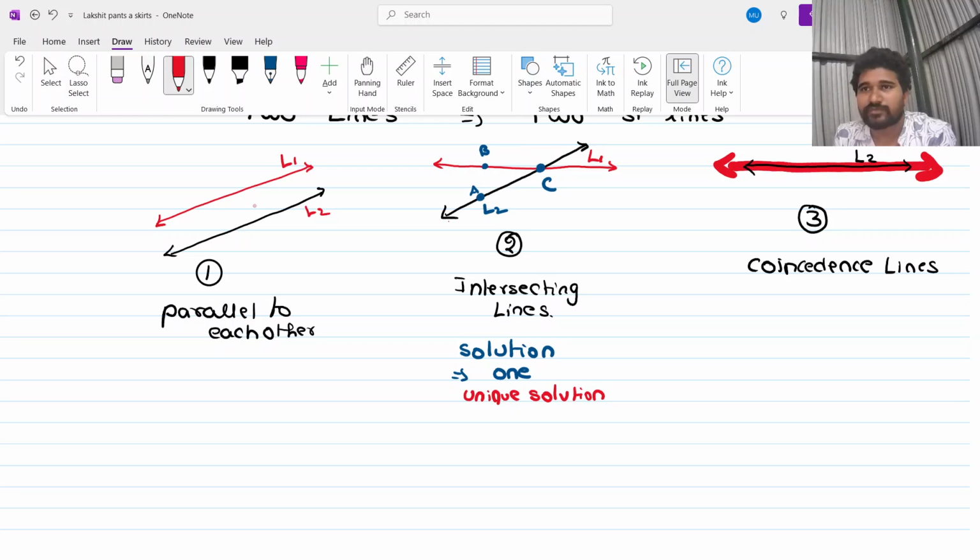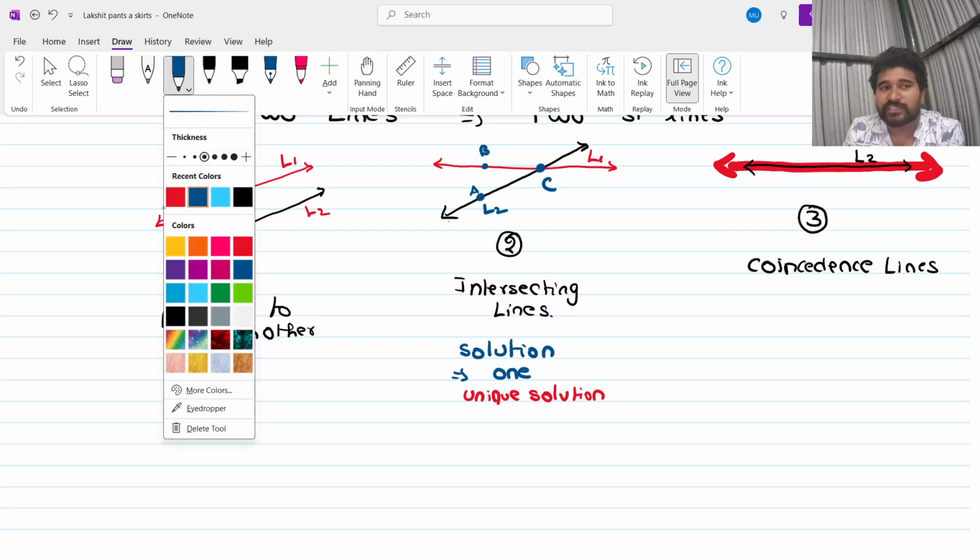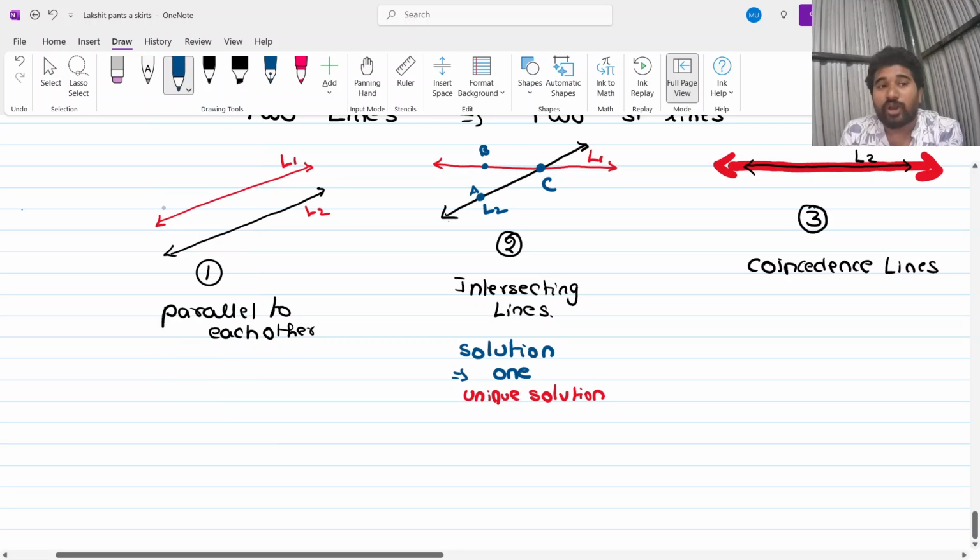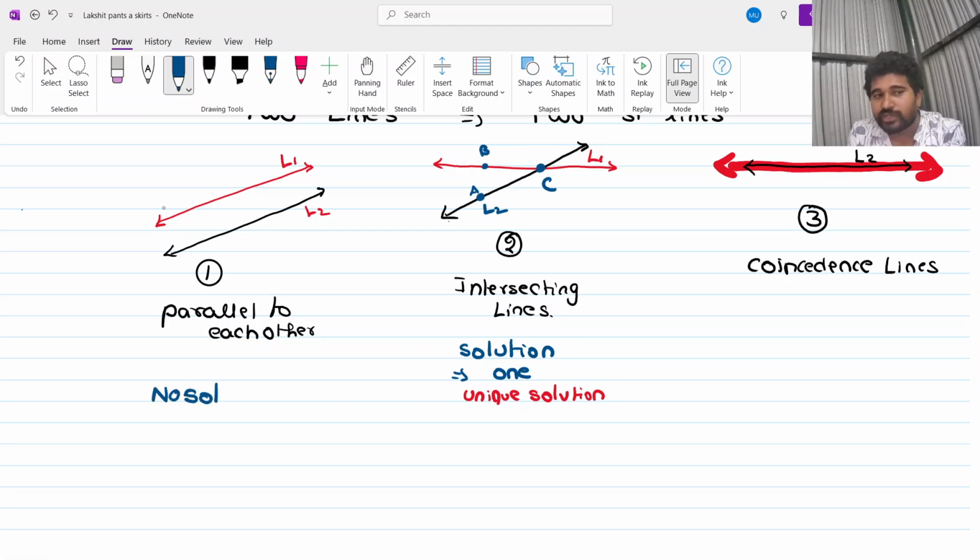Understood? Now observe. Come to this parallel case. In parallel case, is there any common point on both of them? No common point. No solution in case of parallel lines.